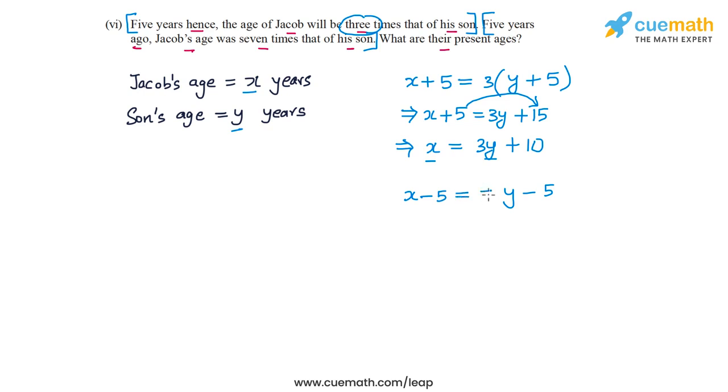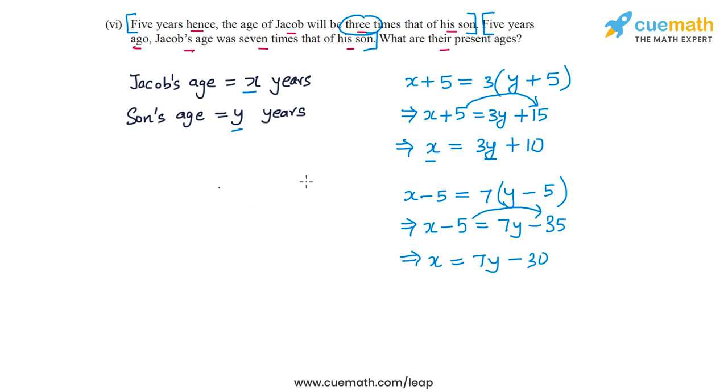So x minus 5 should be equal to 7 times y minus 5. So this gives us our second equation in x and y. Let's write it in the standard form. So we have x minus 5 is equal to 7y minus 35, or x is equal to 7y minus 30. So I've taken this 5 and added it on the right side.